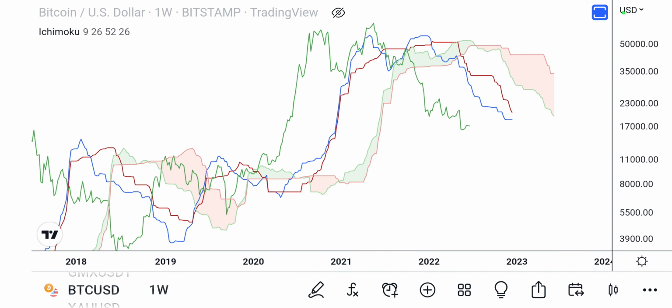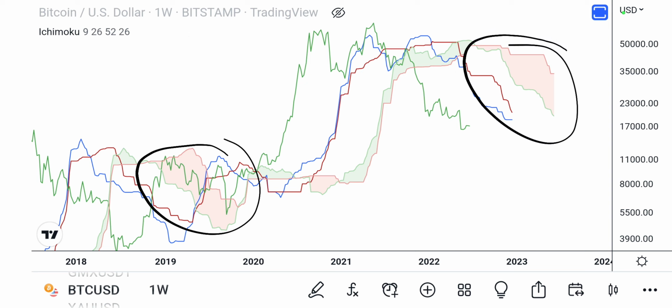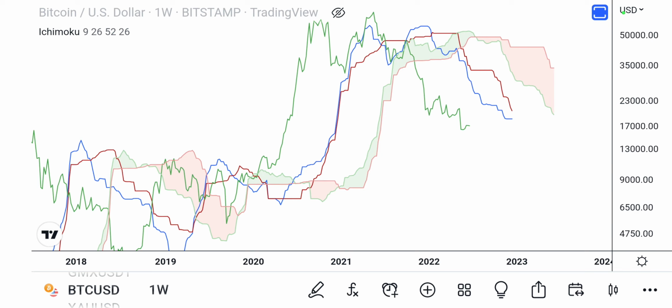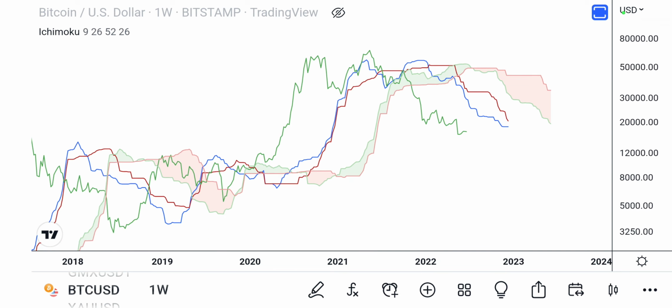Now I'm not comparing what happened in the past, which is here, to what is going to happen here. This is what I want to look at very well, and it is very important we take note of this. In this Ichimoku, there are a lot of signals.